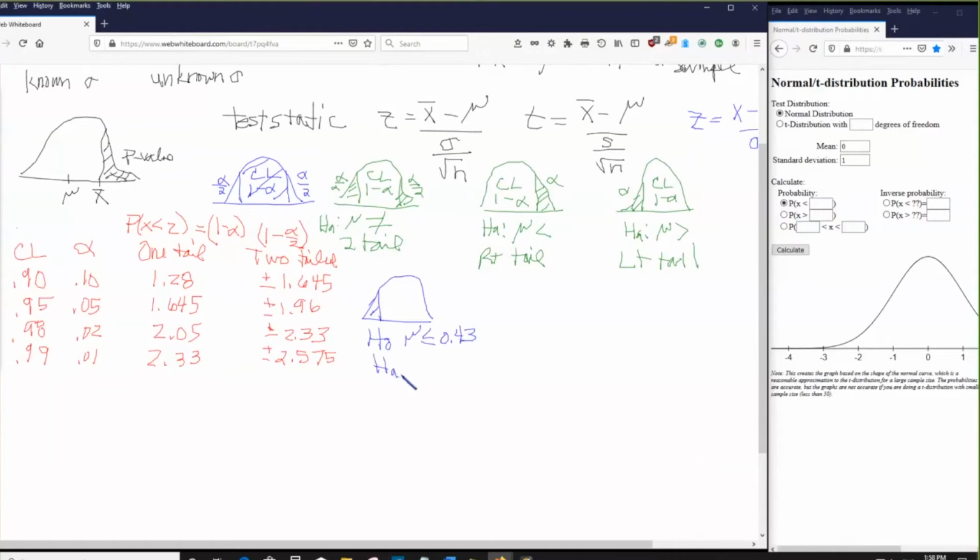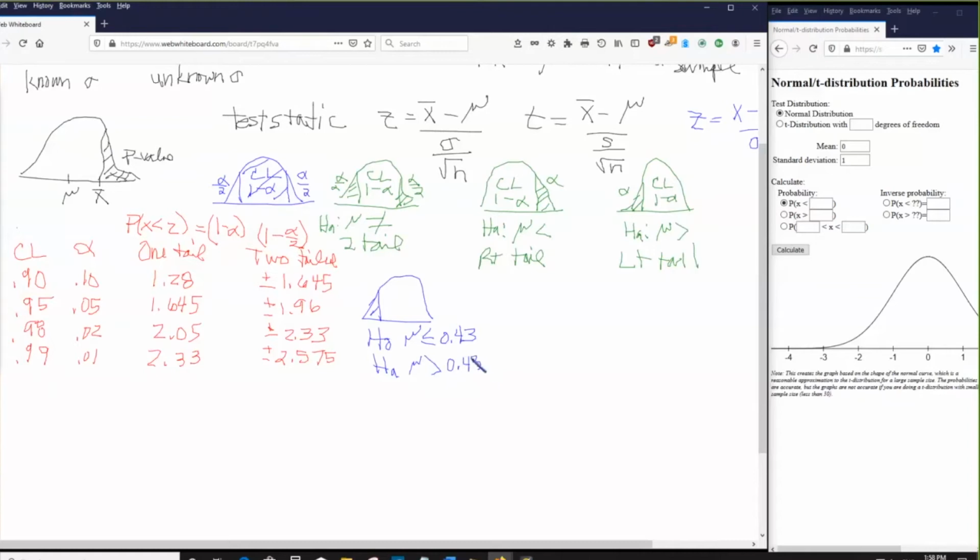My alternative is the mean is greater than 0.43.